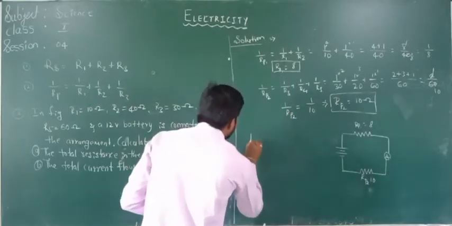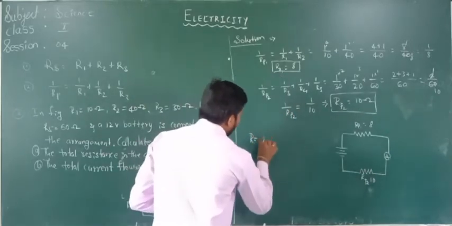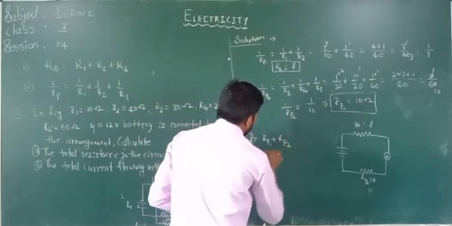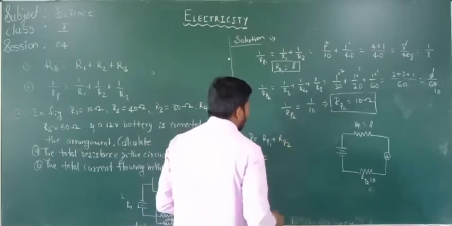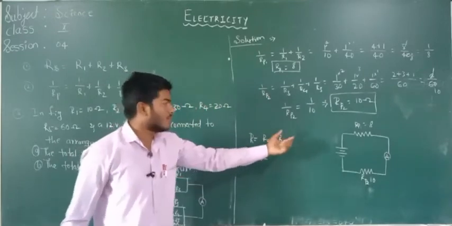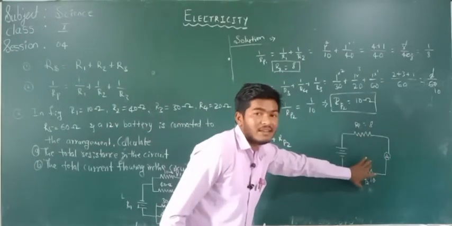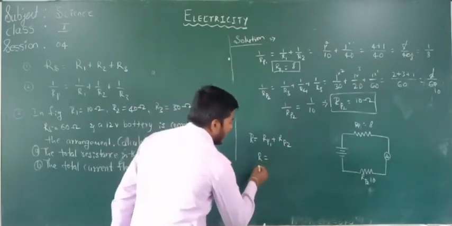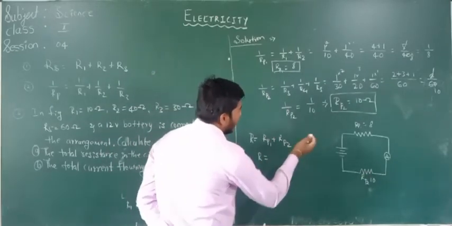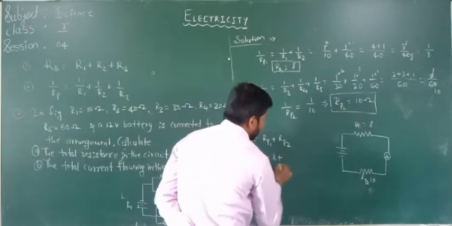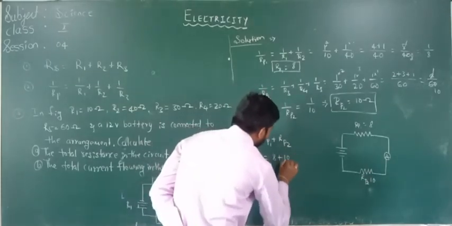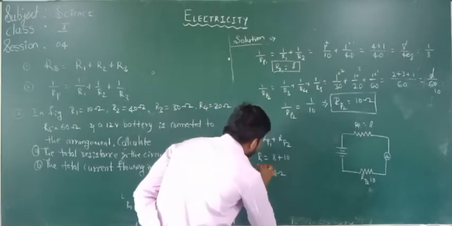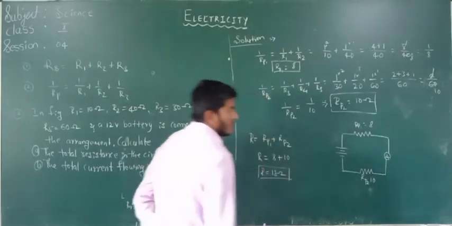Therefore, the equivalent resistance R is equal to Rp1 plus Rp2, because these two are in series. So the total resistance R of the circuit is Rp1, the value of which is 8 ohms, plus Rp2, that is 10 ohms. Therefore R is equal to 18 ohms.